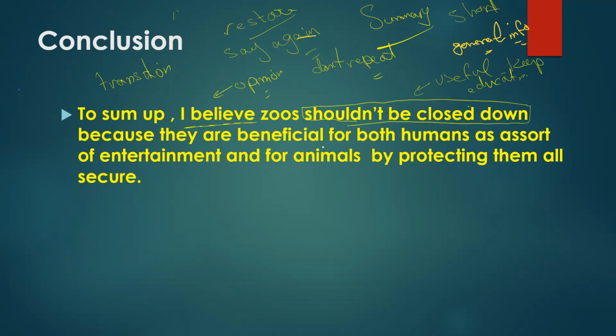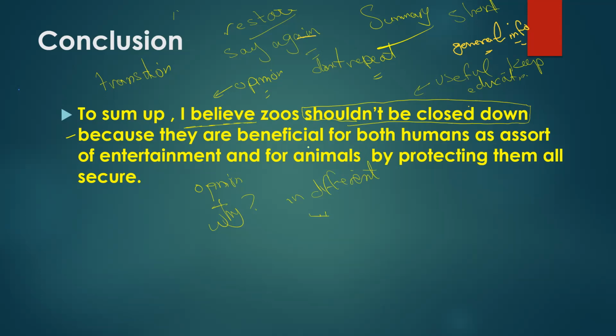Shouldn't be closed down. The reason why? So in the ending, you will mention your opinion plus why you think that. The same opinions you explained in the body paragraphs, but in different words.